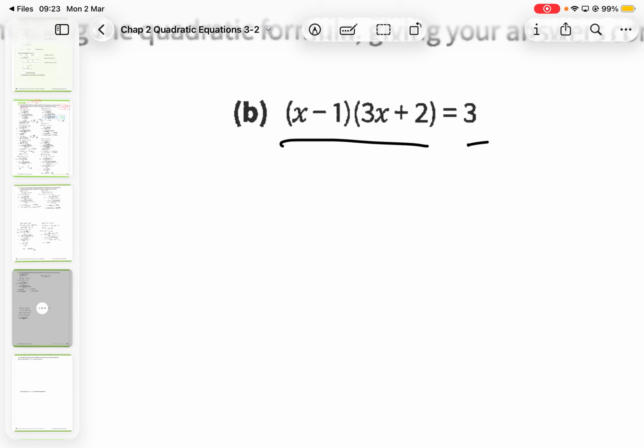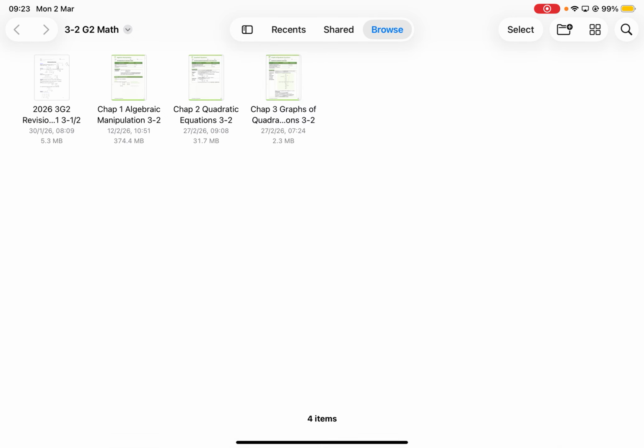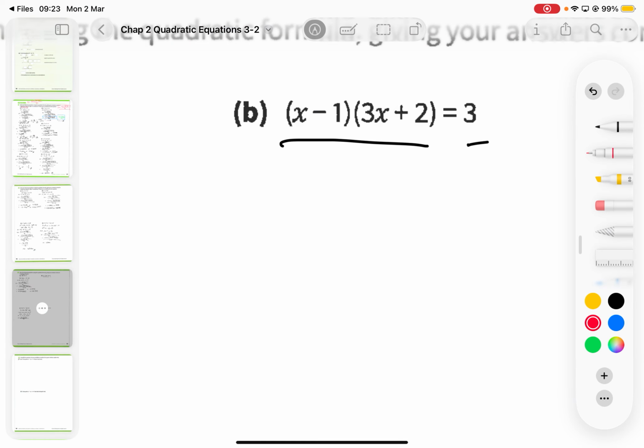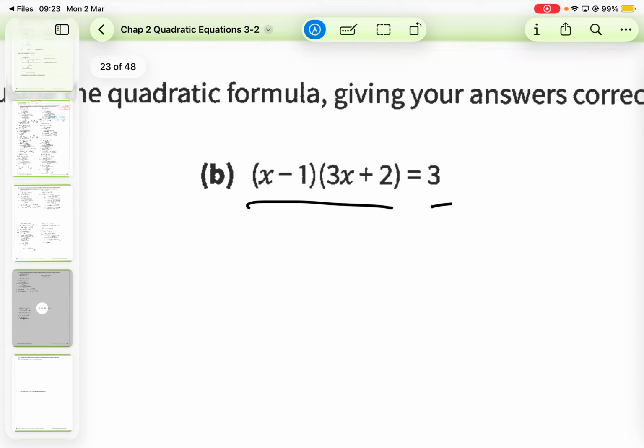Then it should be arranged in the form of some x squared, followed by some x, followed by some number, and then right hand side equals to 0. So I must first make my quadratic equation look like this.